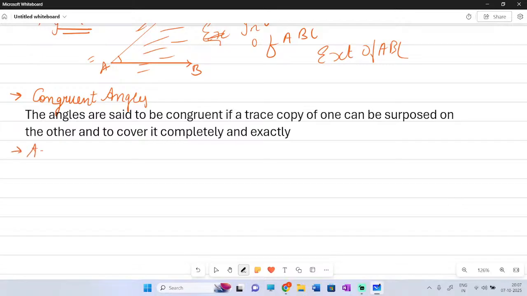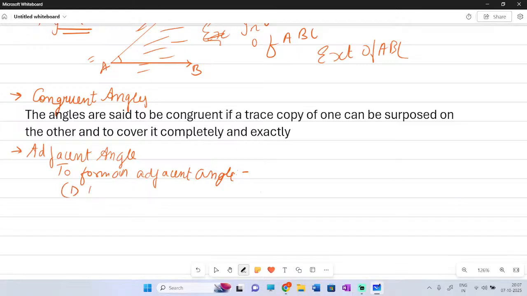Adjacent angles. Okay, very simple. Adjacent angles. What is needed to form an adjacent angle? Here E is there.